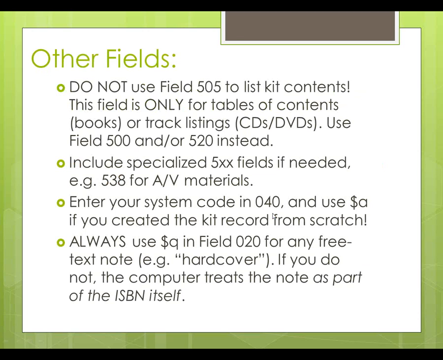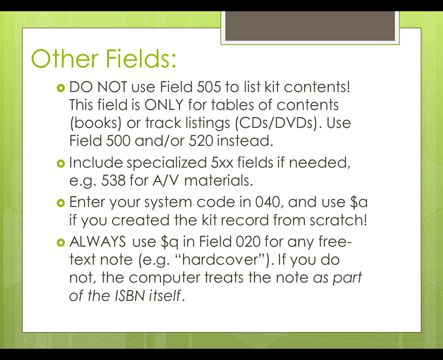Before I jump to the next slide, also the other note here, field 020, which is for ISBNs. If you have multiple ISBNs and you want to add a note in those fields to remind you which ISBN goes with which component, use subfield Q to separate that note from the ISBN itself.